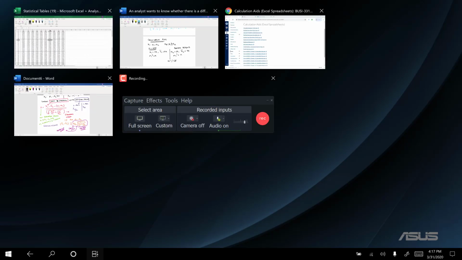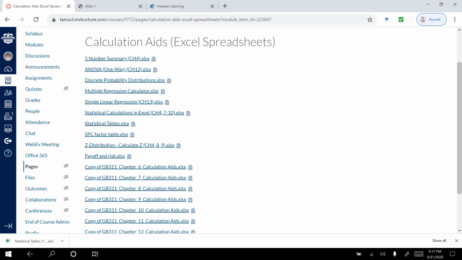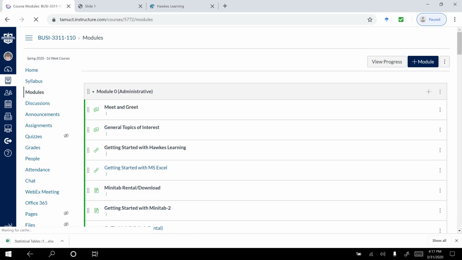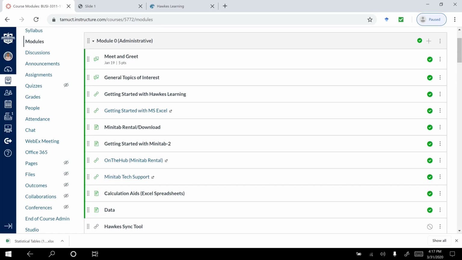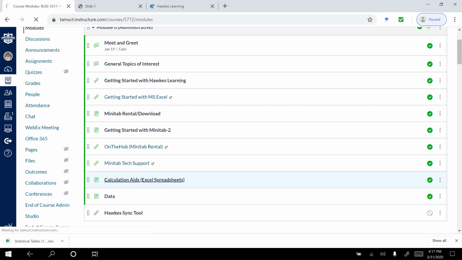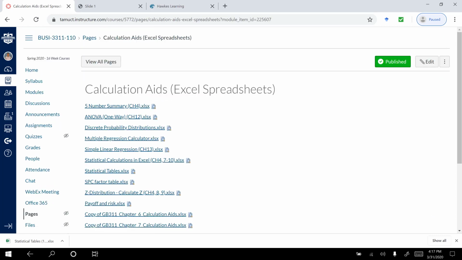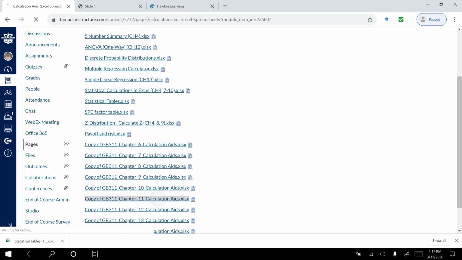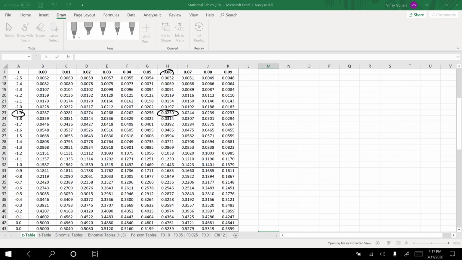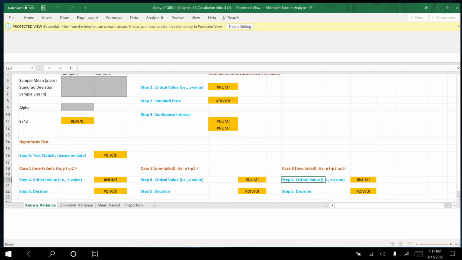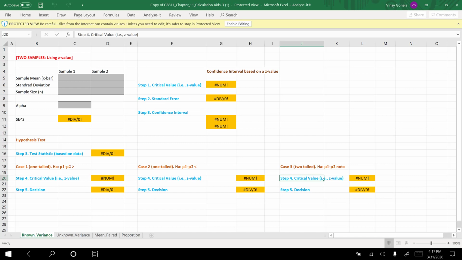Okay, I will go to our Canvas, go to modules, module 0, and then go to calculation aids, download the chapter 11 calculation aids, and then enable editing.